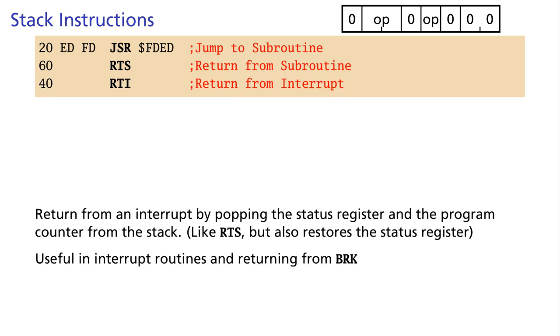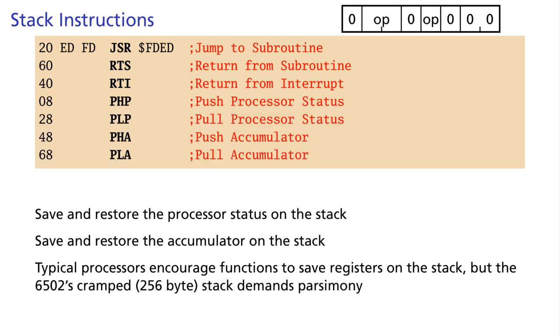The rarely used RTI, return from interrupt instruction, works like RTS, but also pops a saved status register value from the stack, where the 6502's interrupt handling mechanism pushed it. The processor status can also be saved and restored from the stack with the complementary PHP and PLP instructions.